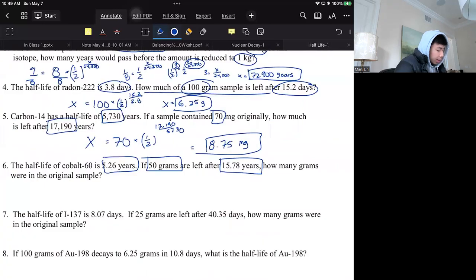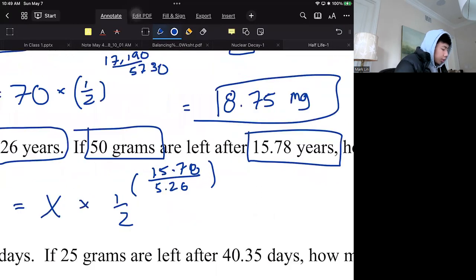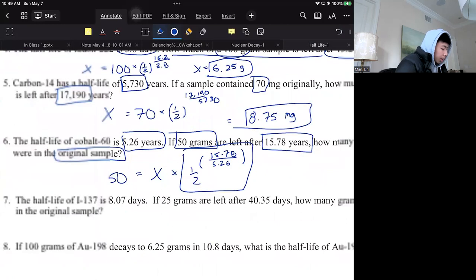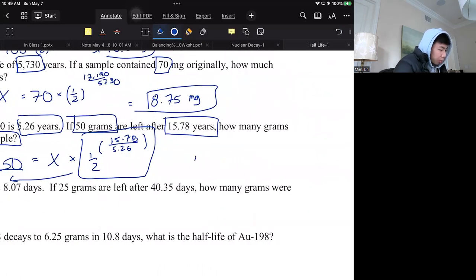So we need to find the original sample, right? So it's gonna be x times 1/2. And then our n is gonna be time elapsed, which is 15.78 years, over the half-life, which is 5.26. And then we have our final, which is 50. So you just plug and chug. First, I would calculate this, and then I would just divide both sides by that to find x. So x will be 400 grams.